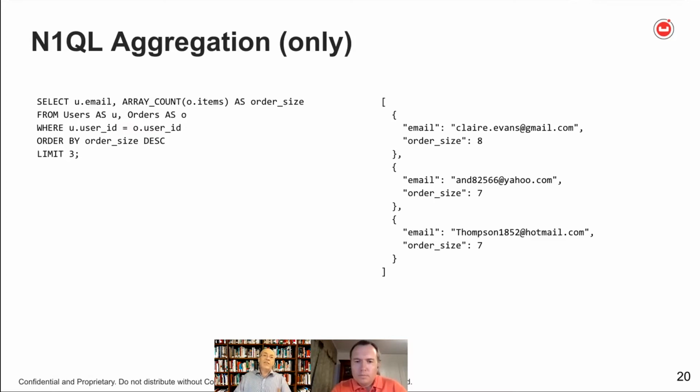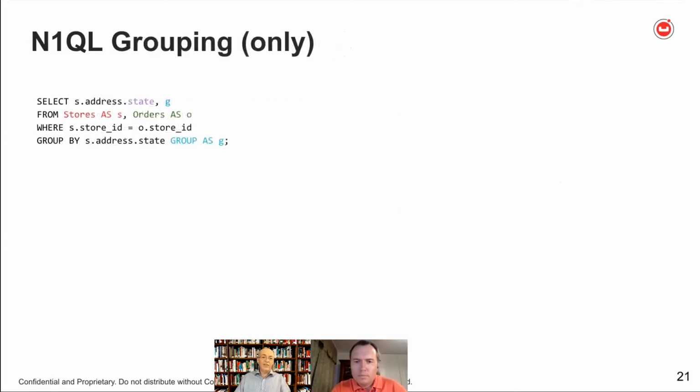The next thing is even more interesting, which is that not only can you do aggregation only, you can also do grouping only. If you look at this query, we again have our stores and our orders, and we're joining them. If you look carefully at the group by clause, you will see that there is a group by, of course, which groups everything by the state of the address of the store.